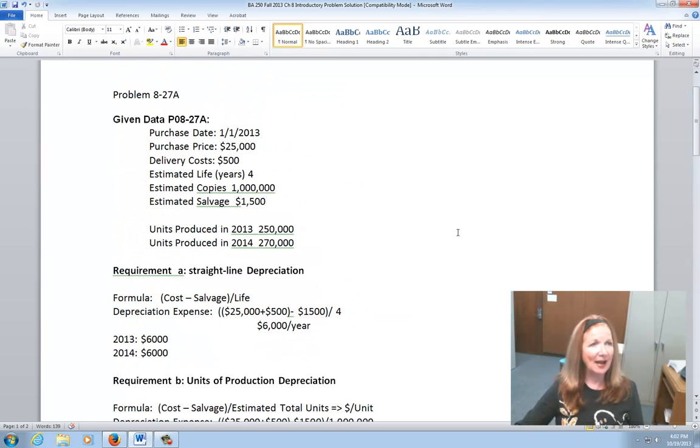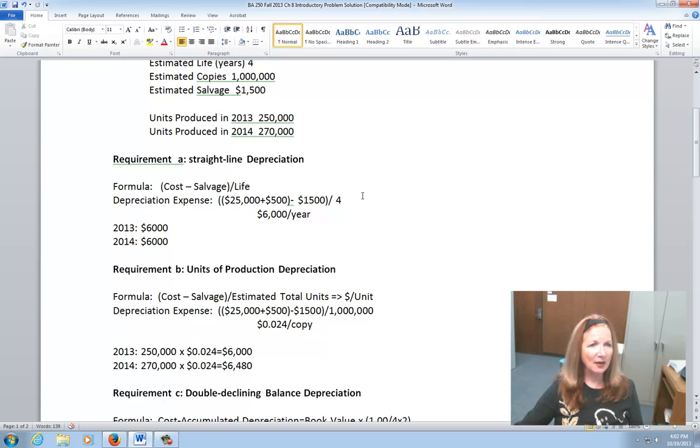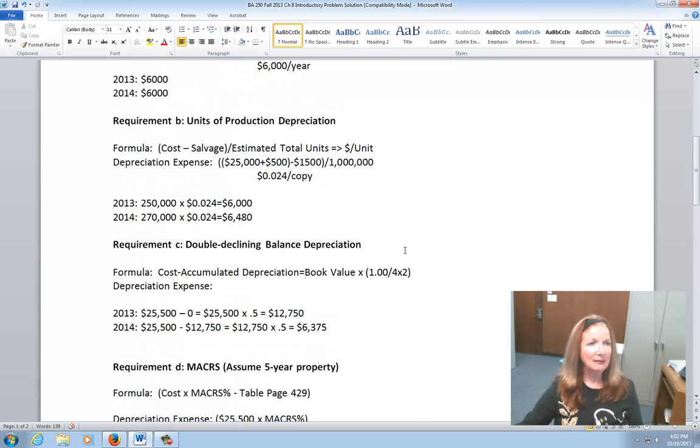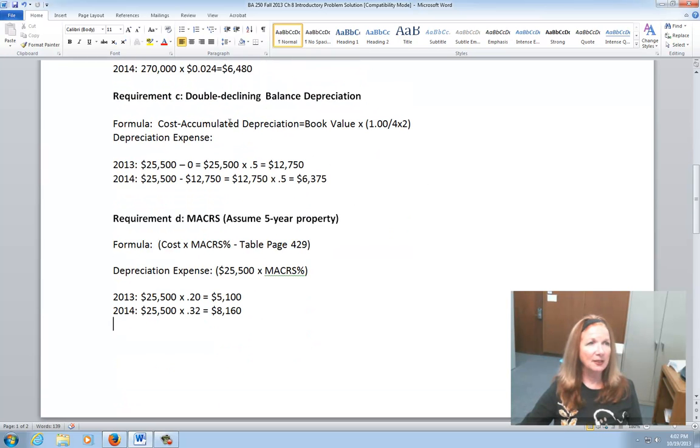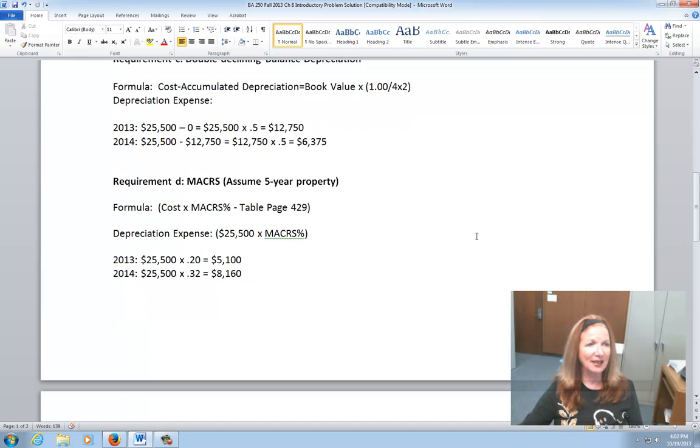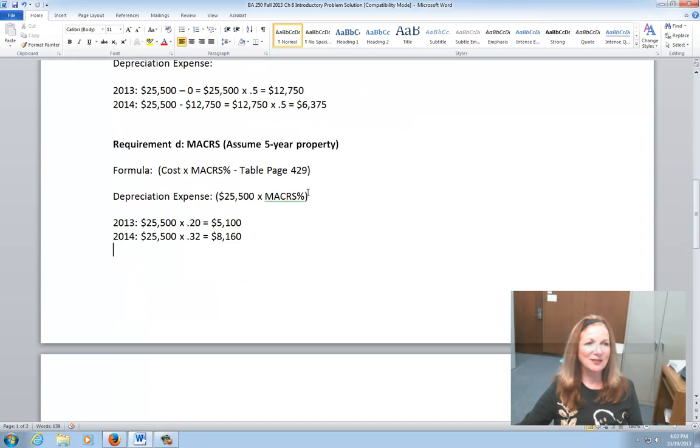So here we have this problem, this data, straight line depreciation, its formula and calculations, units of production, its formula and calculations, double declining balance, its formula and calculations, and Marx and its formula and calculations.